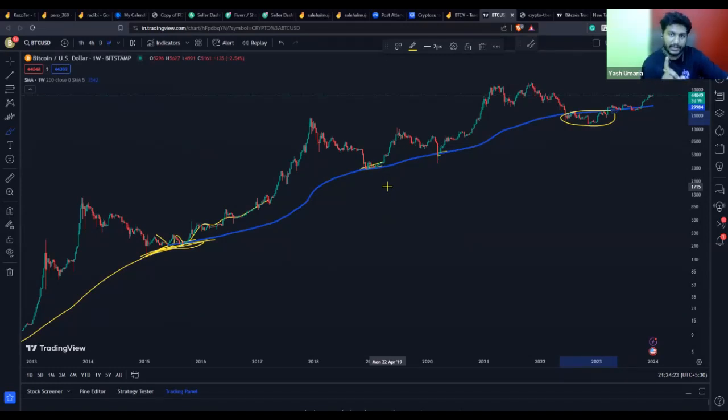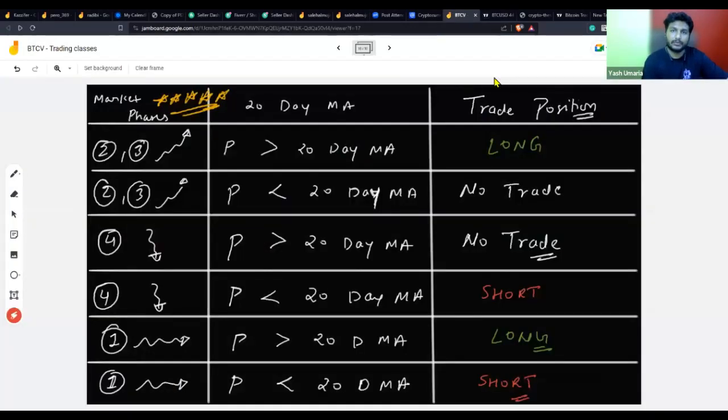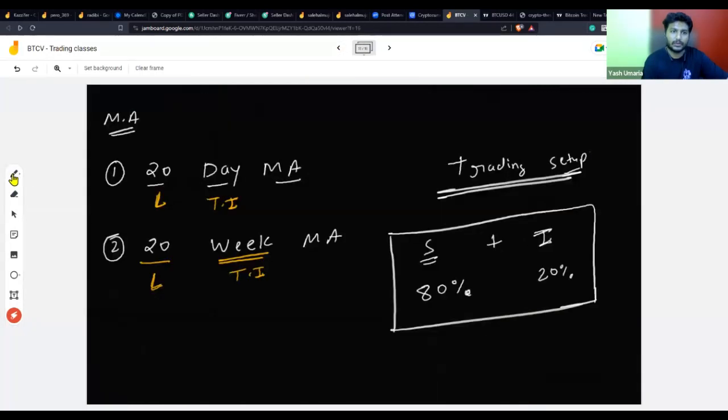Again, the 200-day moving average is important for a trader. The 200-week moving average is important for both trader and investor. And the last one is the 200-week moving average.